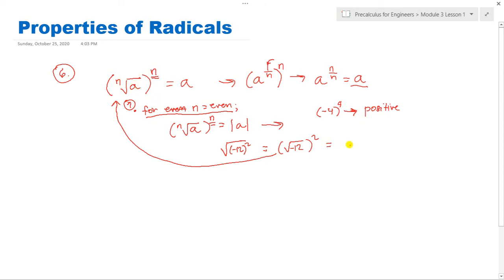Then, this would be equal to just simply the absolute of negative 12, wherein the absolute of a negative number is just equal to 12. Bakit 12 lang? Kasi, if we take a look back in this form, since yung index natin tsaka yung exponent inside the radical sign is the same, so therefore, we can cancel that one out, then we can just extract negative 12.